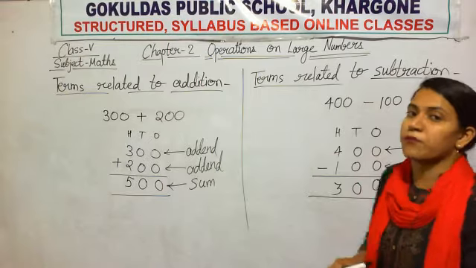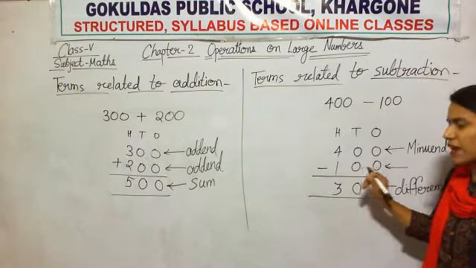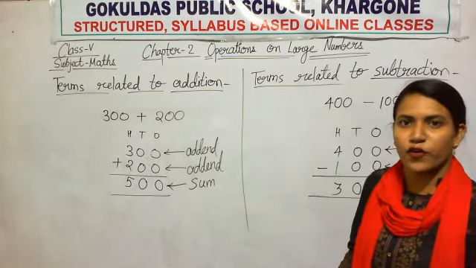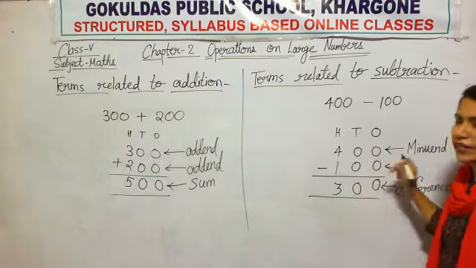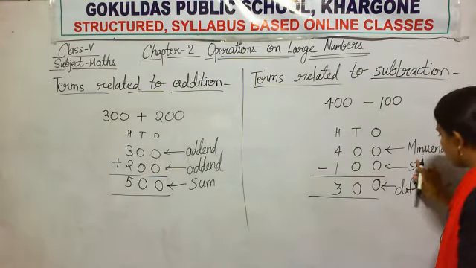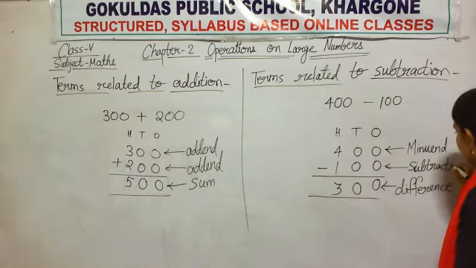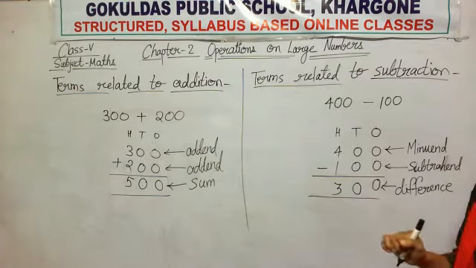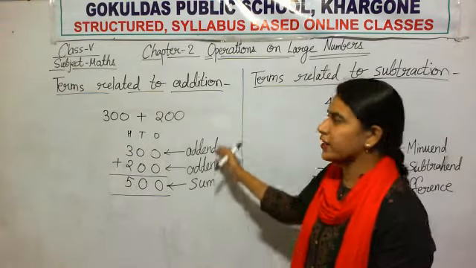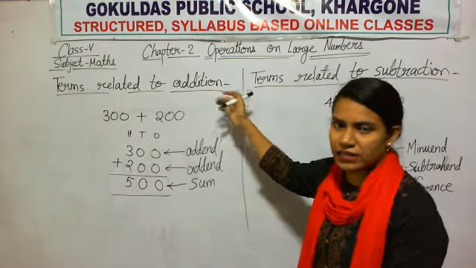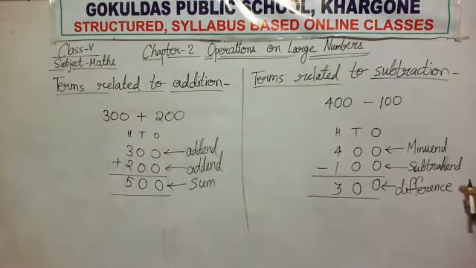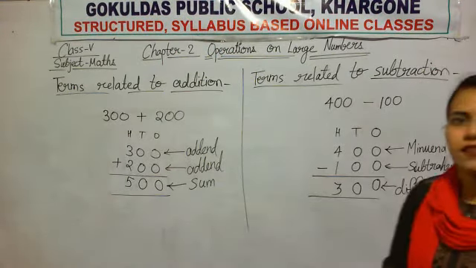The number to be subtracted, here 100 is to be subtracted from 400, is called the subtrahend. So addend and sum are related to addition, and minuend, subtrahend and difference are related to subtraction.